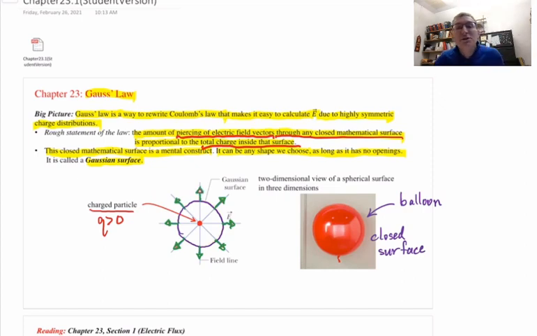So those green arrows I just drew all represent electric field vectors that are piercing that surface and pointing outward. So we clearly have piercing of the Gaussian surface by electric field vectors. We're going to want to quantify that, okay?